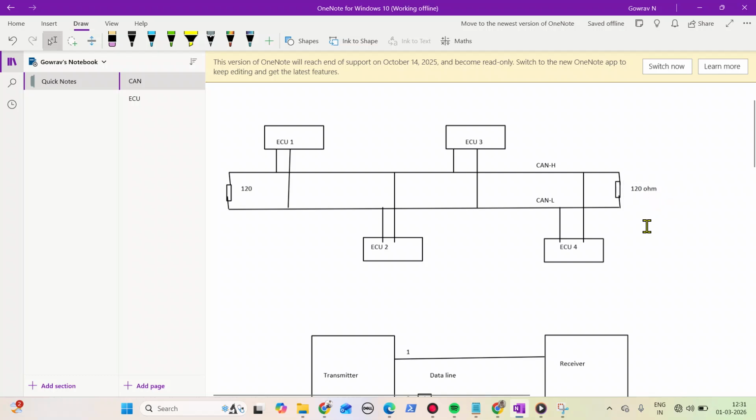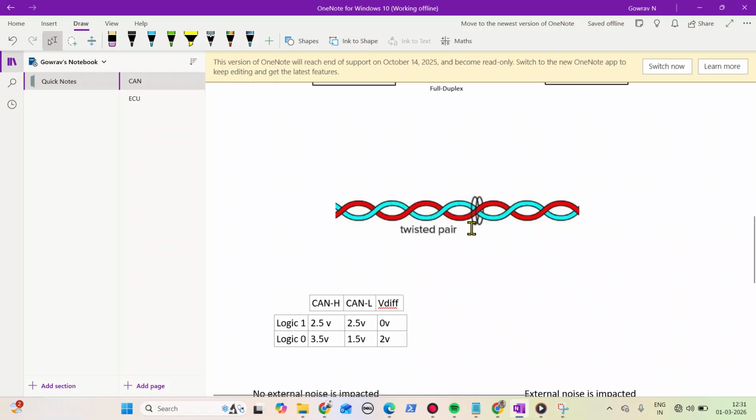What is the purpose of this resistor? For example, this is the wire, and some voltage is traveling in this wire. This is the transmitter side, this is the receiver side. The voltage is transmitted in this wire and reaches the receiver side, and the node reads the voltage value.